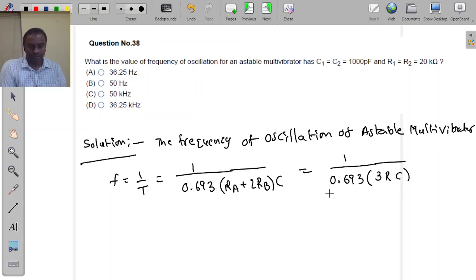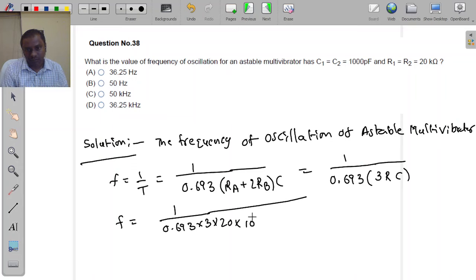Now substitute these, you are going to get 0.693 into 3 into 20 kilo ohm, where R is 20 kilo ohm, into C which is 1000 picofarad. When you substitute, you are going to get 24.05 kilohertz.